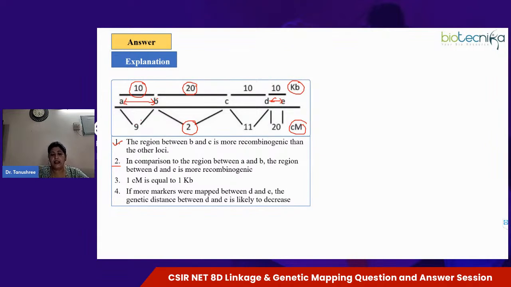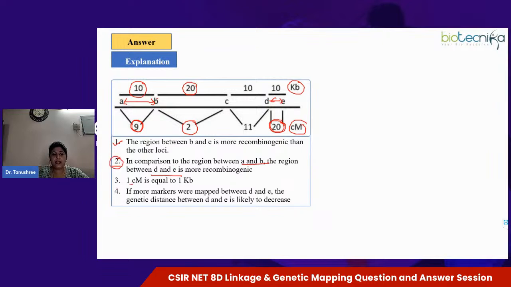But if we look at the genetic map, the distance between A and B is 9 and between D and E is 20. So A and B represents 9% recombination and D and E represents 20%. So yes, we can say D and E is more recombinogenic. So this could be the answer.